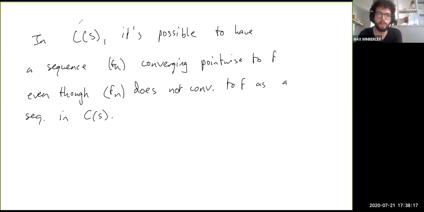Because remember, once you turn C of S into a metric space, then we inherit a concept of convergence from the definition we made for sequences of points in a metric space.